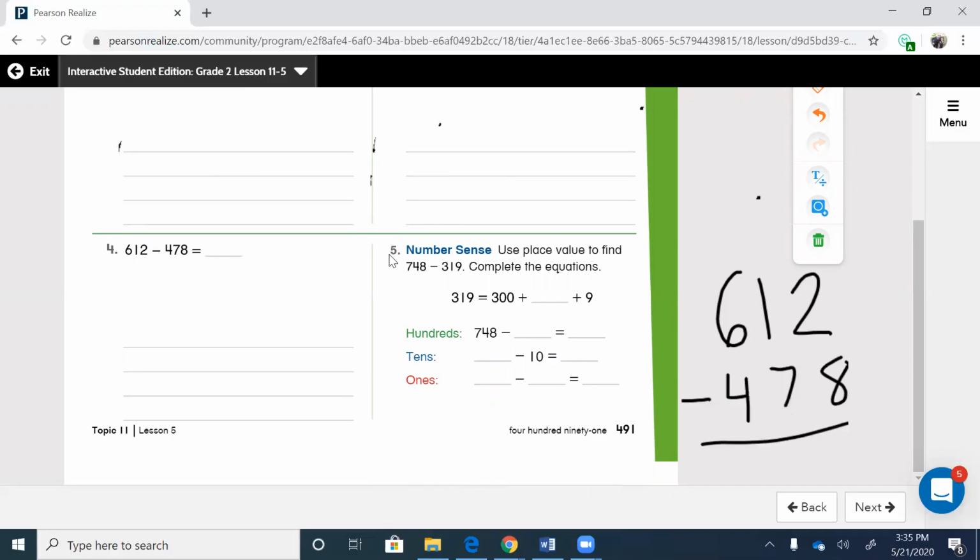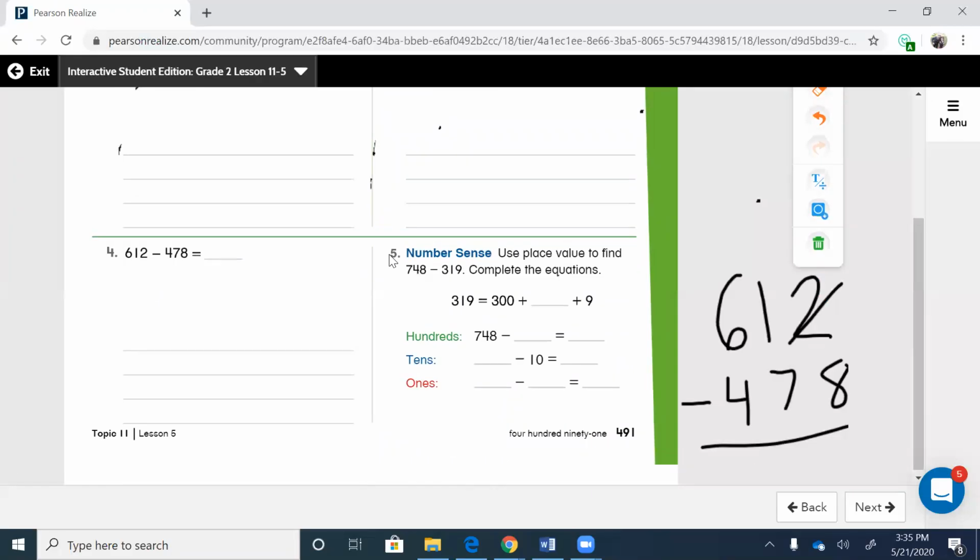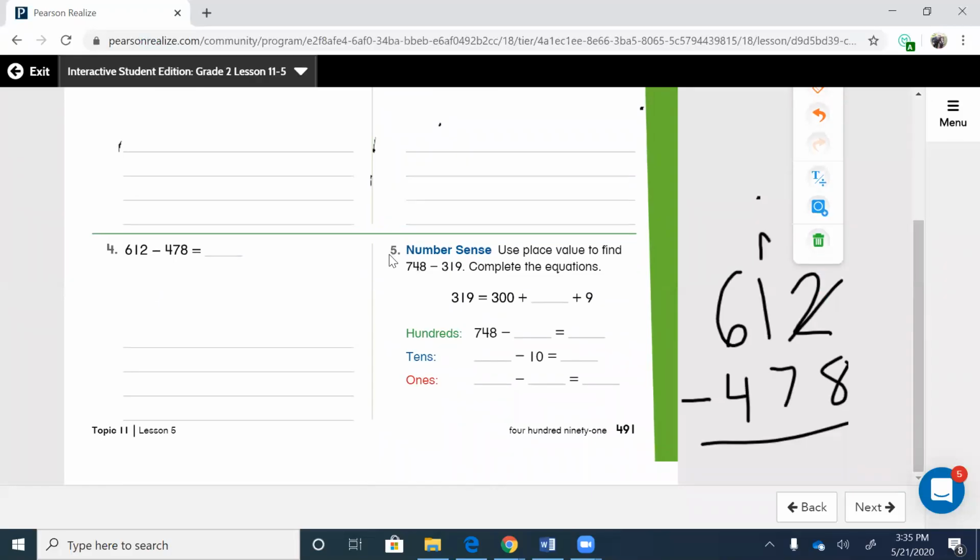You can't take 2 from 8. There's more on the floor. We're going next door. 2 becomes a 12. Now look what happened. There's a 1 and a 7. You can't take 7 from 1, so guess what? We're going to have to borrow from here.